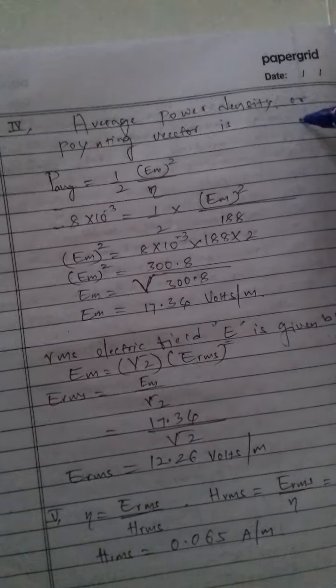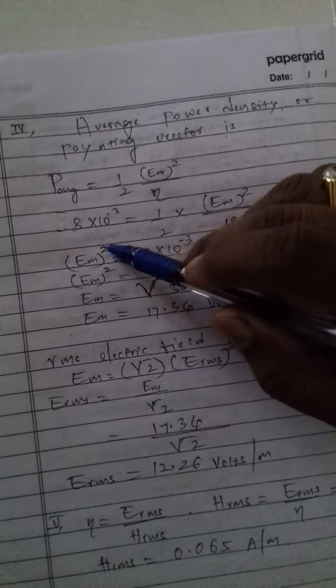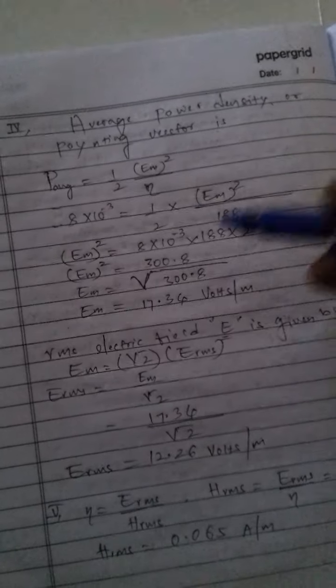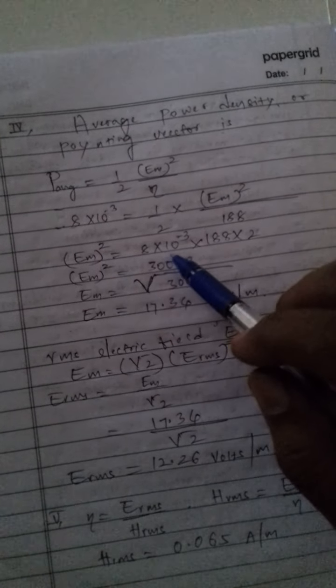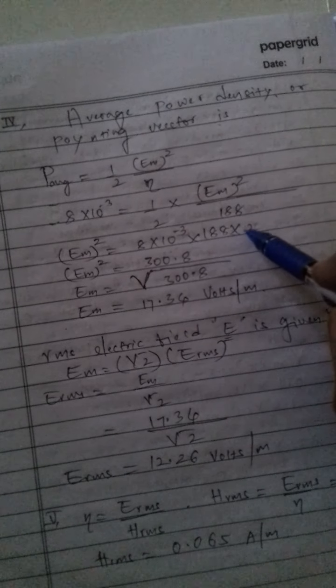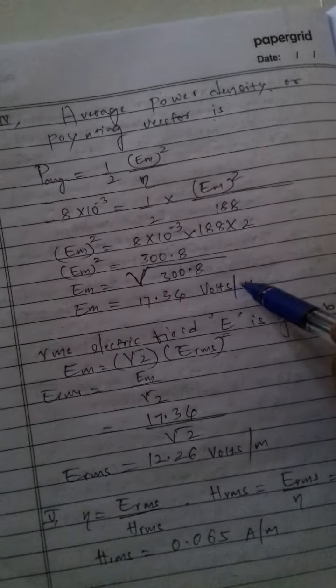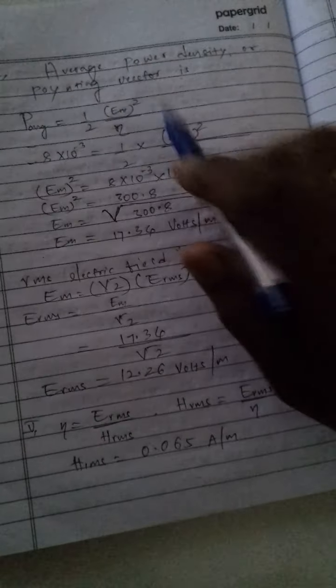The average power density or Poynting vector is 1 upon 2 Em square upon neta, 8 into 10 raised to minus 3. So Em square is equal to 8 into 10 raised to minus 3 into 188 into 2, and Em is equal to 17.34 volts per meter.